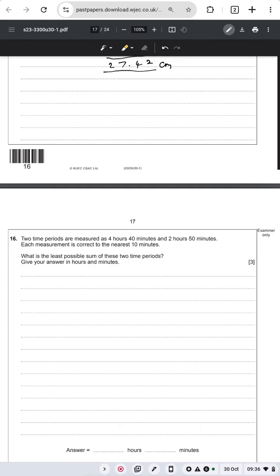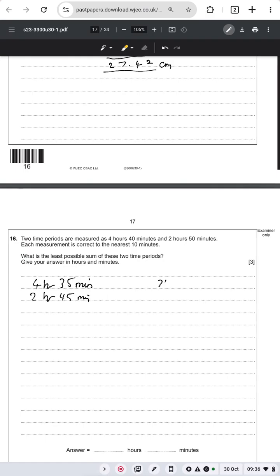Okay, so if it's measured to the nearest 10 minutes, we have to add or subtract 5 minutes from each of these values. Because we're looking for the least possible sum, sorry, not the largest, least possible, we need the two smallest numbers. So we're going to have 4 hours and 35 minutes. And we're going to have 2 hours and 45 minutes.